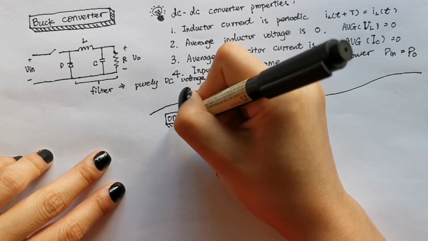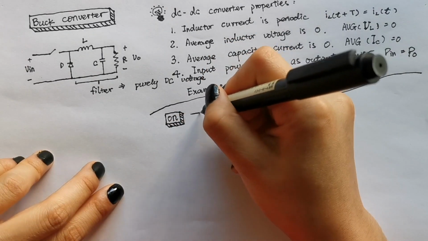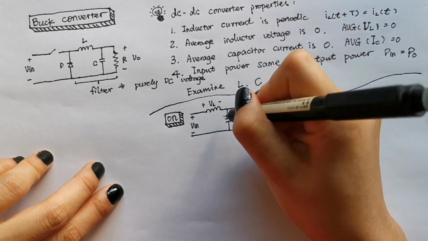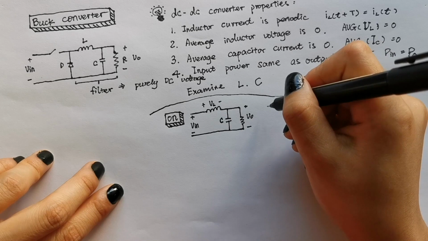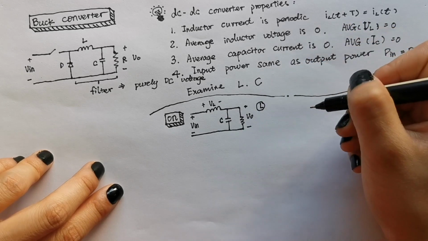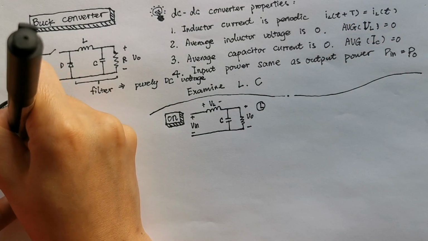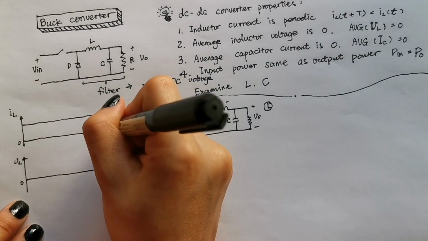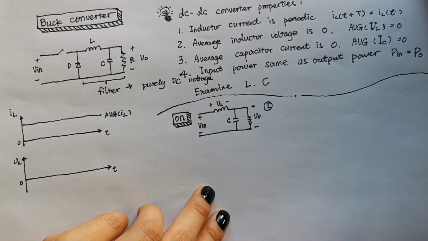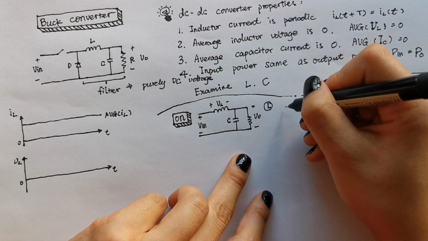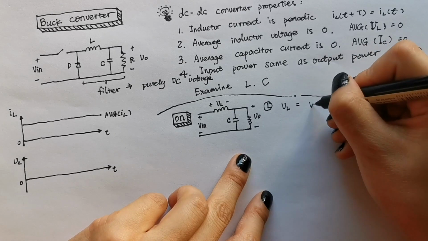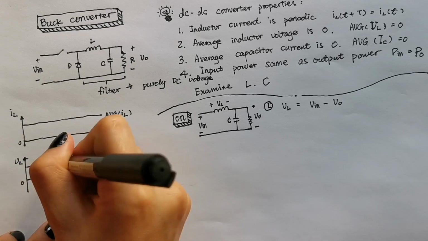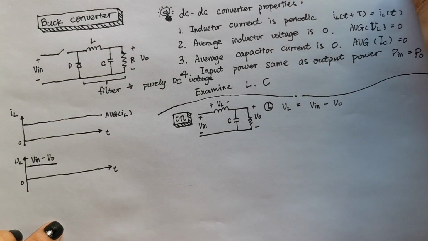Let's first analyze when the switch is on. When the switch is on, the circuit looks like this. Let's first analyze the inductor. I'll draw the current and voltage waveforms on the left-hand side while we are doing the analysis. The voltage across the inductor is Vin minus Vout, so we'll put Vin minus Vout here.